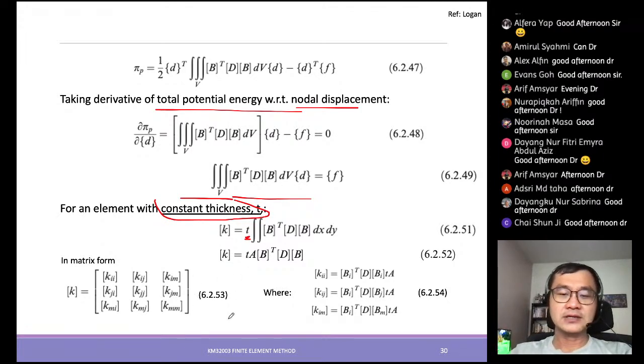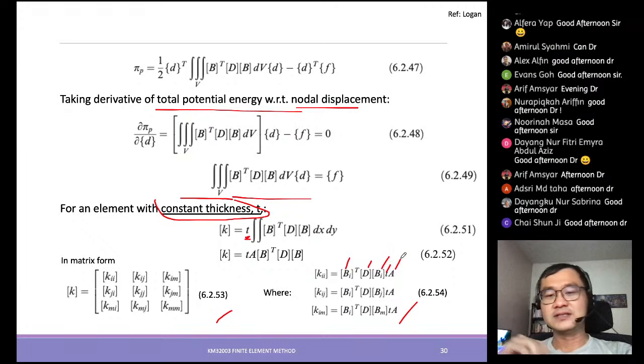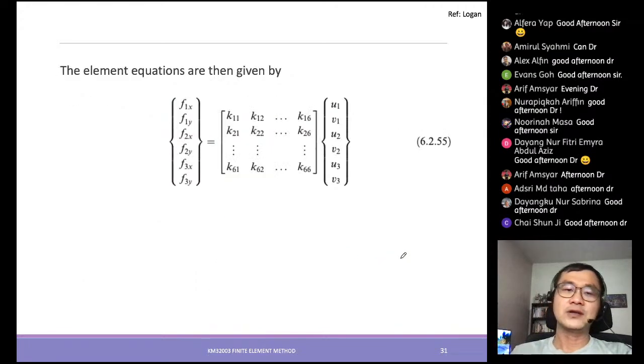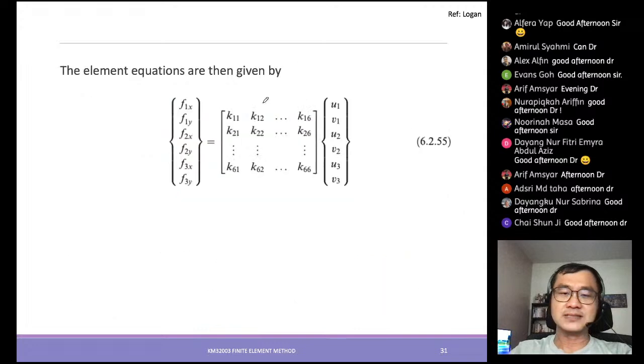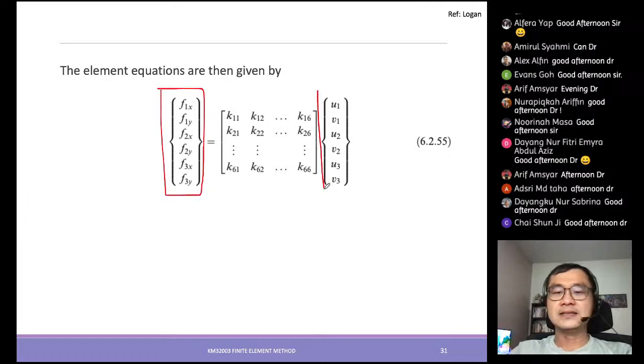Eventually we get into this particular form, where this is the gradient, this is the displacement, the gradient, the thickness, the area. They have some kind of relationship between them, so group them together. Each of these is a 2x2 matrix, so you will get a 6x6 matrix at the end, that relates the force and the displacement.